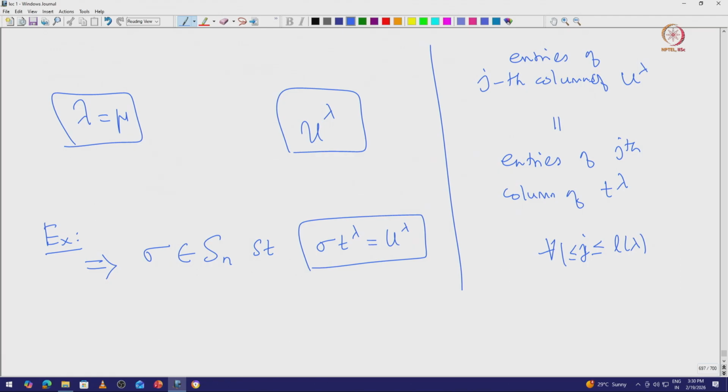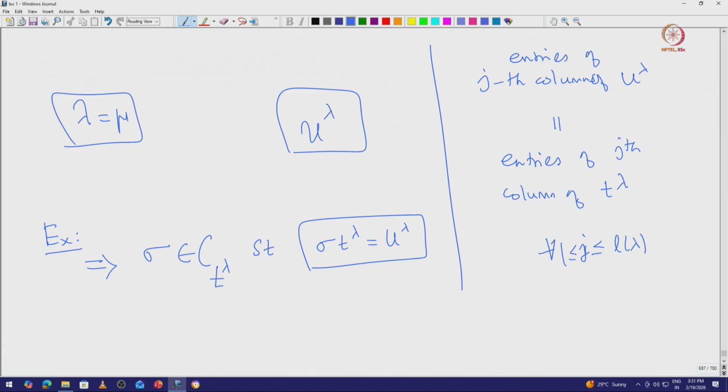Okay. And one can choose this sigma so that it belongs to the column stabilizer of T lambda. We do not need to choose it randomly because we are only concerned with the columns. So, one can choose it in the column stabilizer of this T lambda.